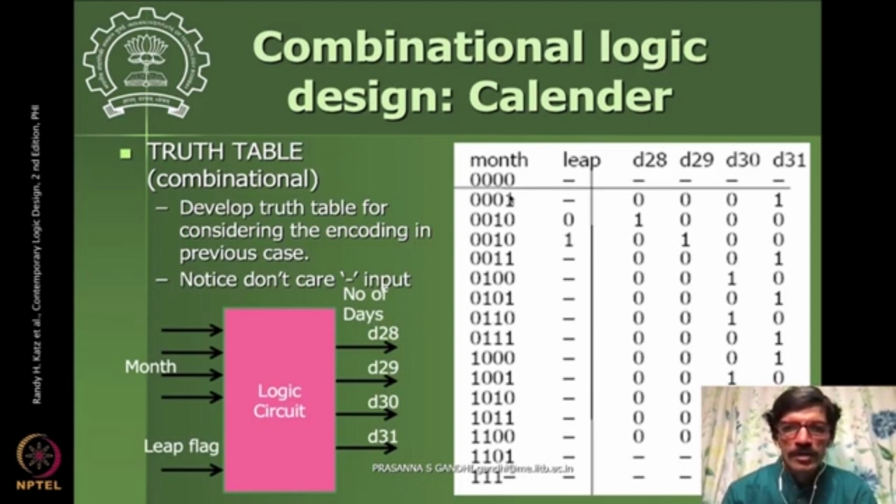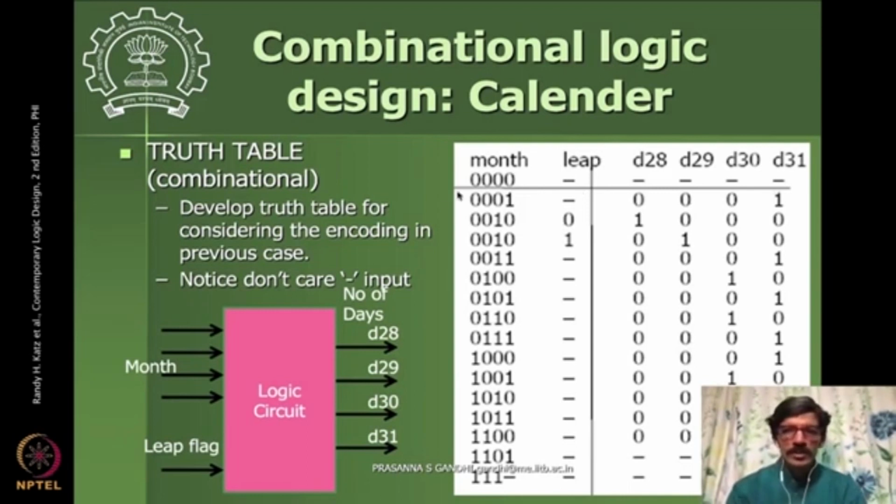For example, here they have used 0001 as January, and this is represented here. So you can have your own definition. Nobody prevents you from saying that my 0000 should be January. And then you will get 31 days as the output here.